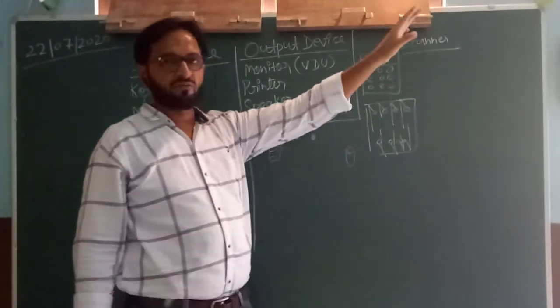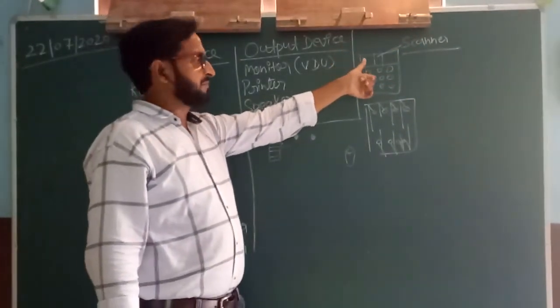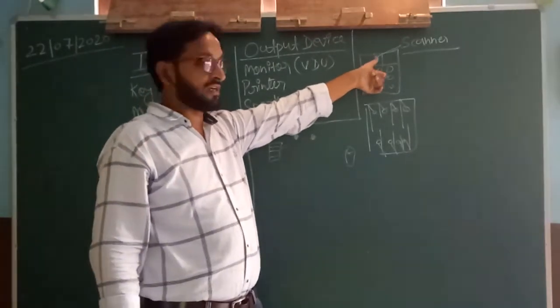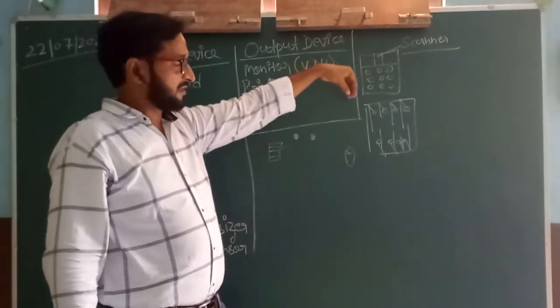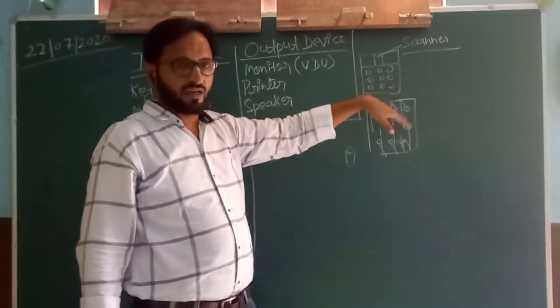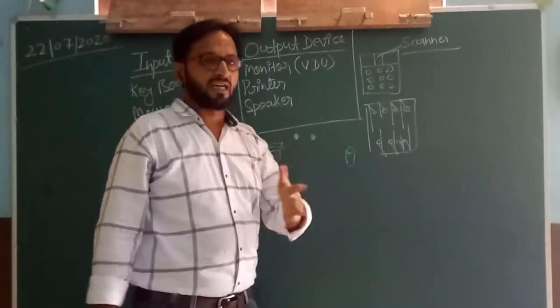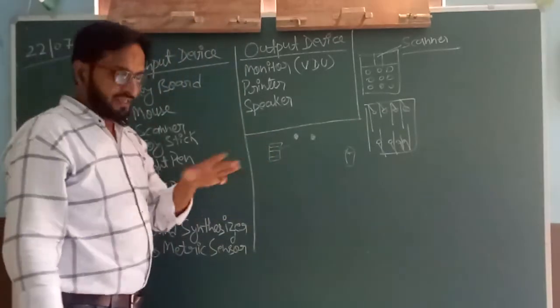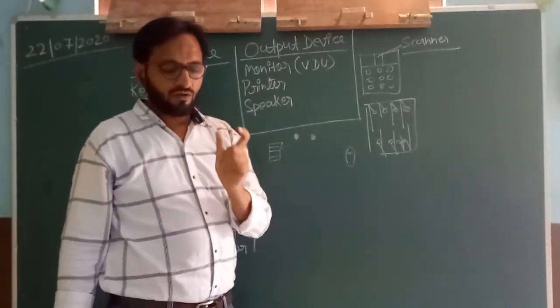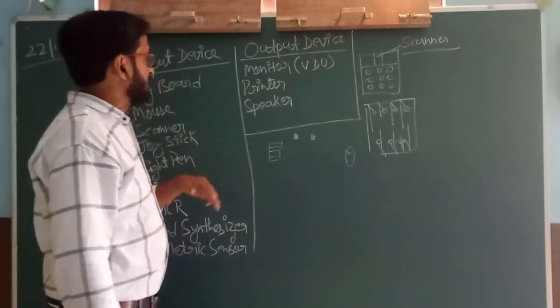This machine is connected to the computer. You just touch your thumb here, and it will read what time you are coming and what time you are going to leave the organization. So guys, I hope that you all are getting me. It will be a long video, but I have to complete this.